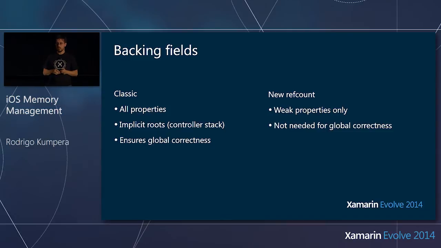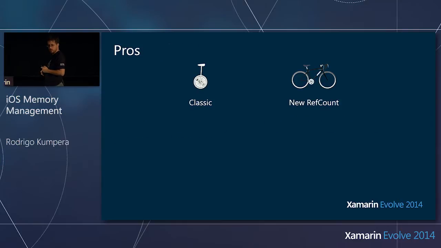And it doesn't need the backing fields to ensure global correctness. Global correctness comes from native usage tracking. And that difference puts the balance on which one is good, which one is not, or how they fare against each other in more practical terms, in terms of pros and cons.